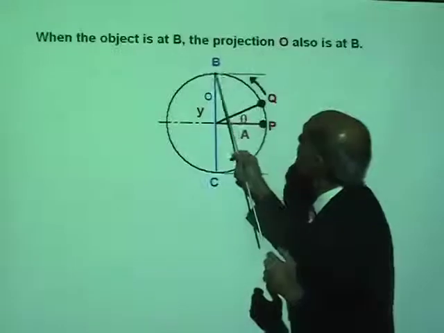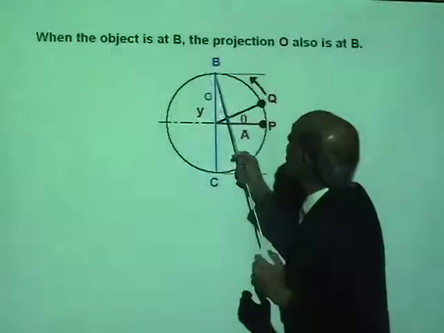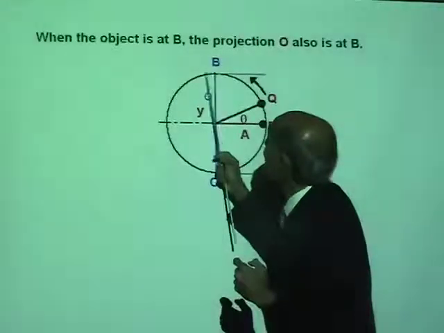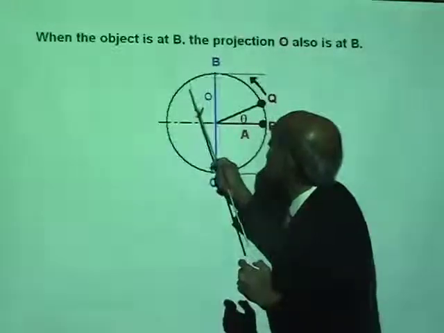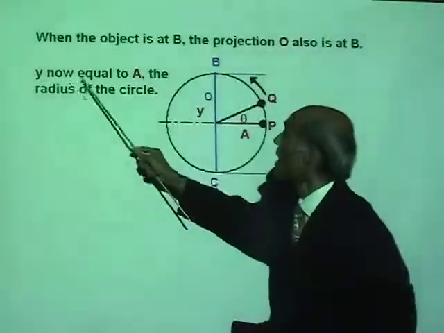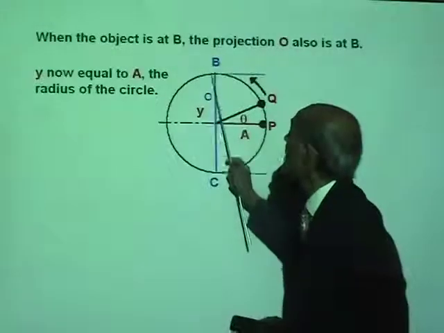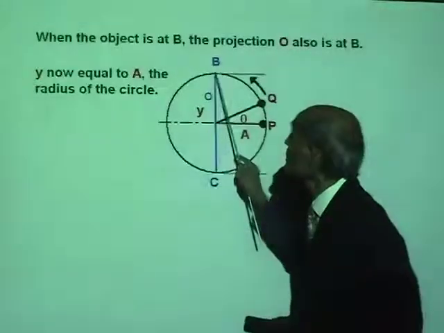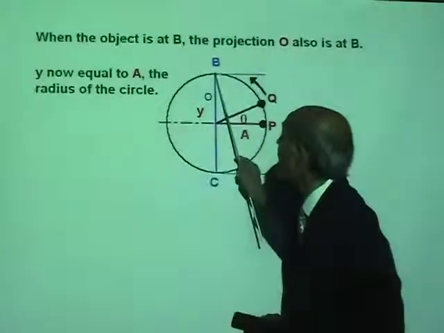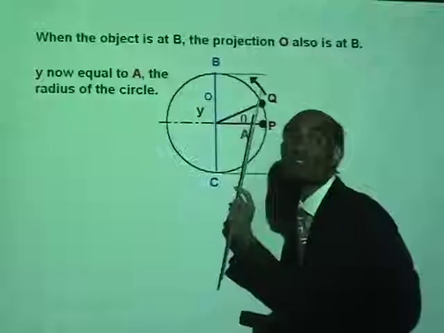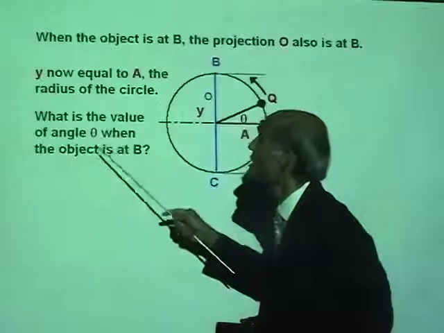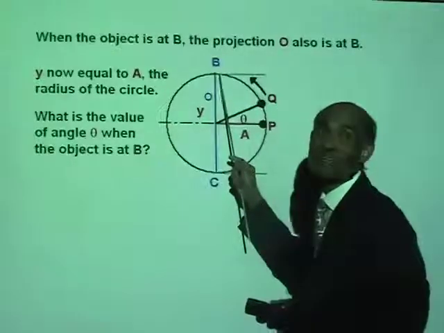When the object is at B, the projection O will also be at B. And what happens as the object continues to move down the circle? Well, y is now equal to a, the radius of the circle. Now, what is the value of theta when the object is at B?